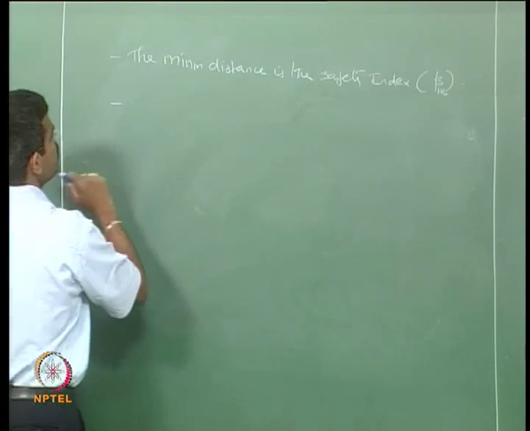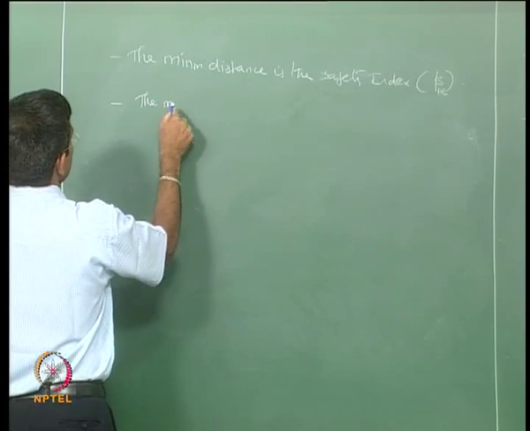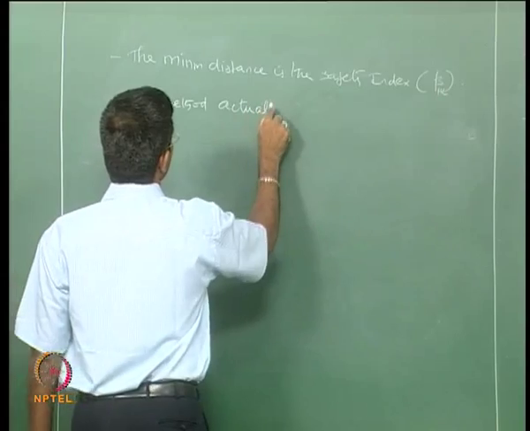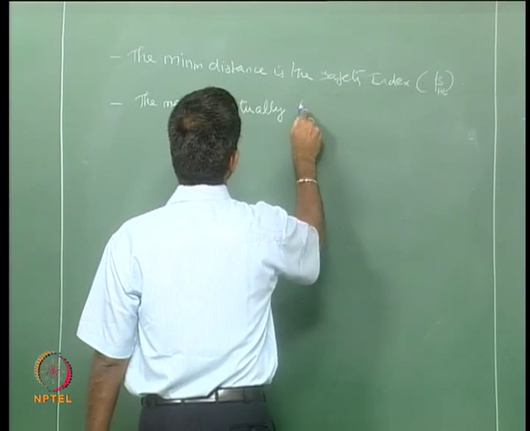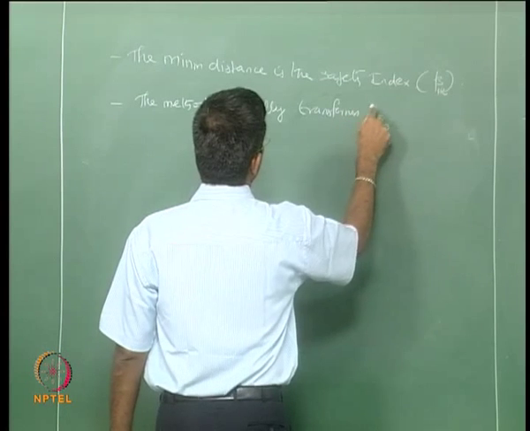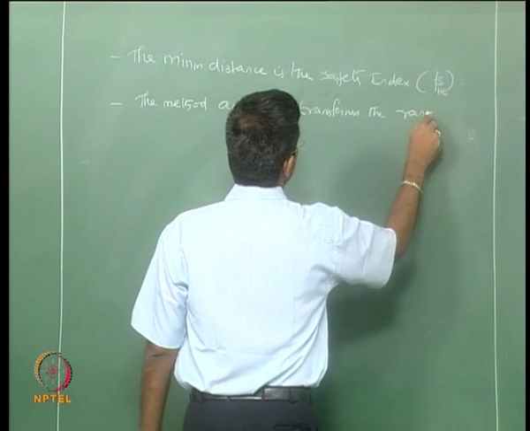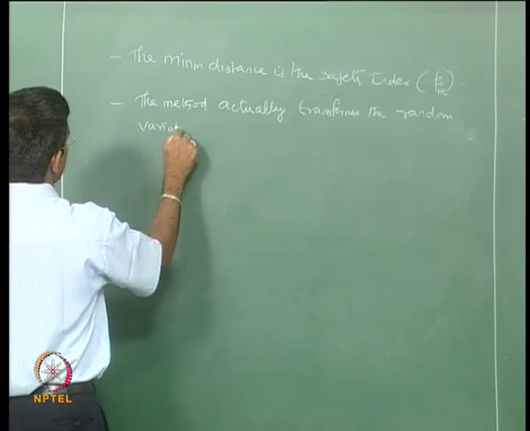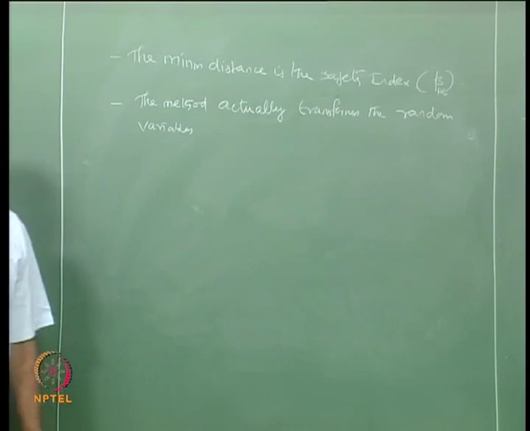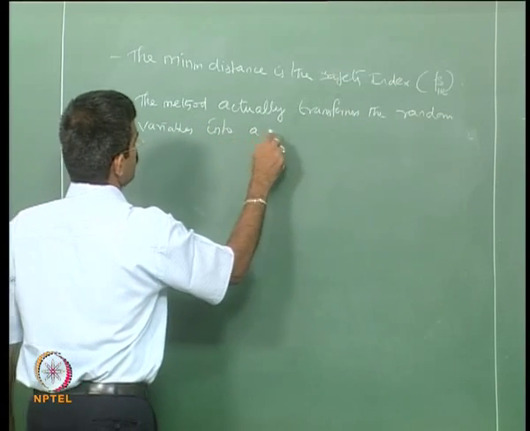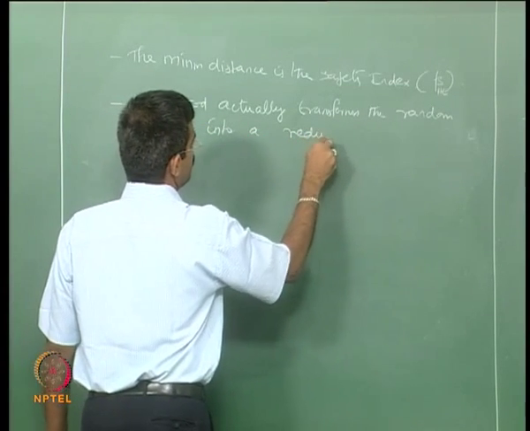Now the method is very simple. The method actually transforms the random variables into a reduced form.